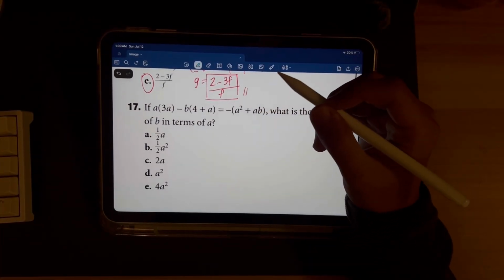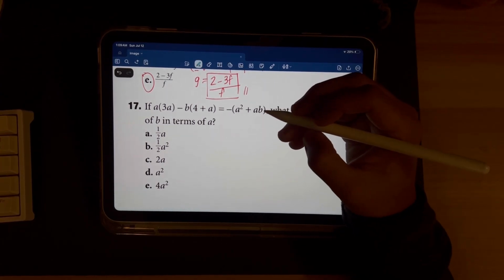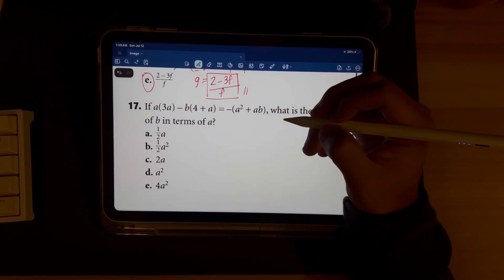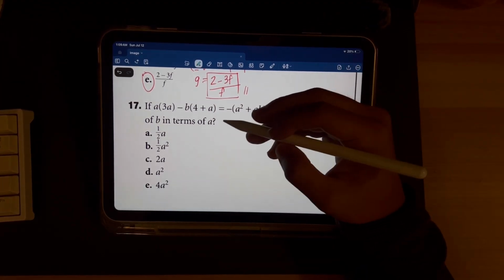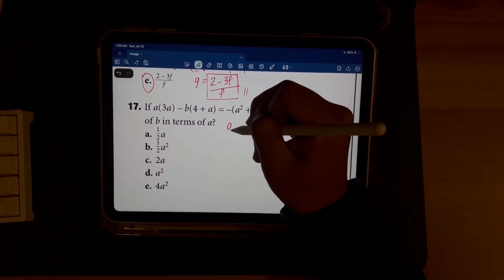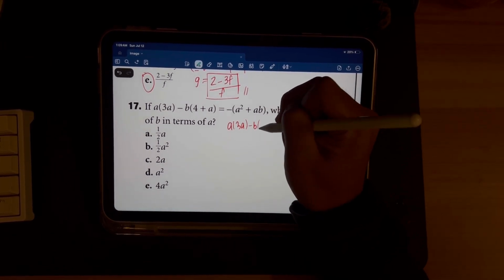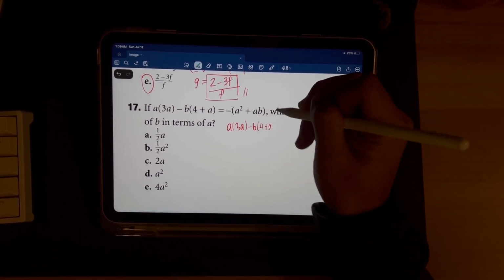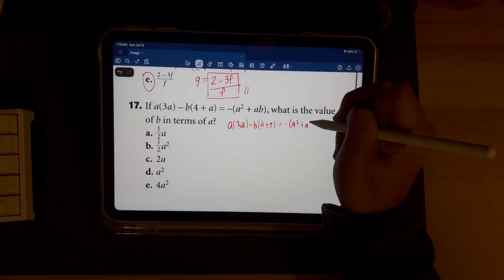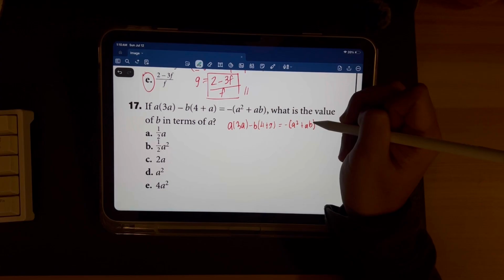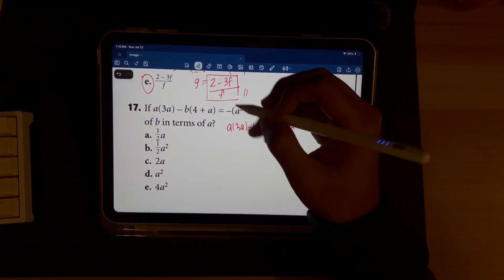Now for the 17th question, a multiplied by 3a minus b multiplied by 4 plus a is equal to negative a squared plus ab. What will be the value of b in terms of a? So let's first rewrite the equation. A multiplied by 3a minus b multiplied by 4 plus a is equal to negative a squared plus ab. What we can actually do here is to expand both sides.